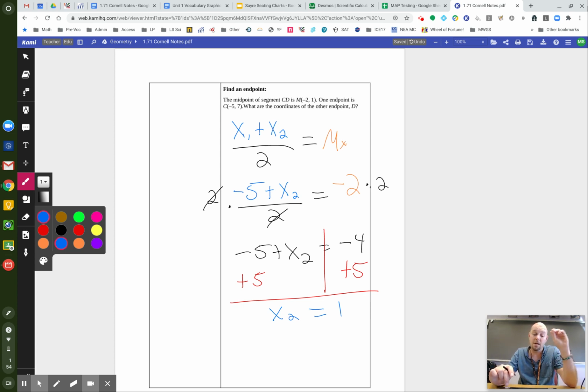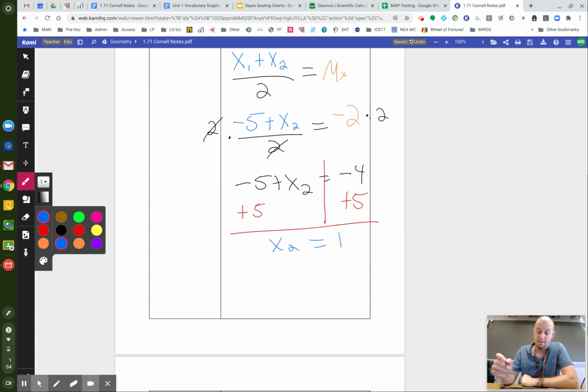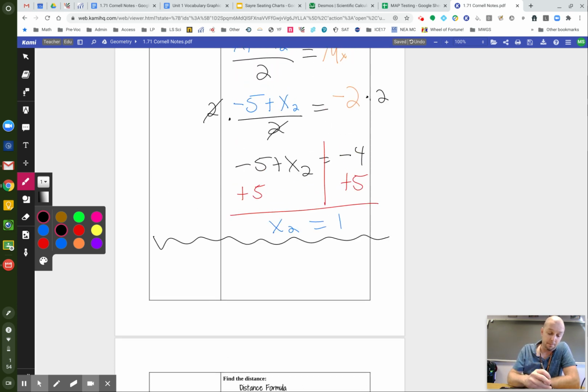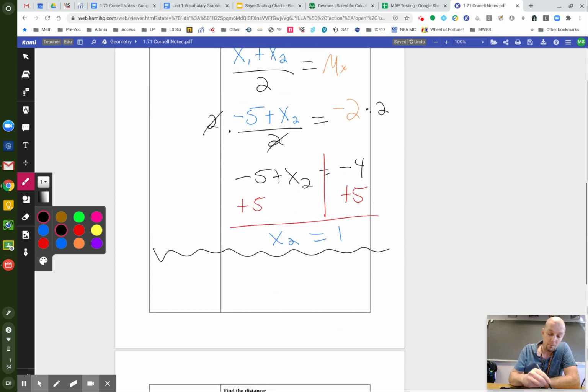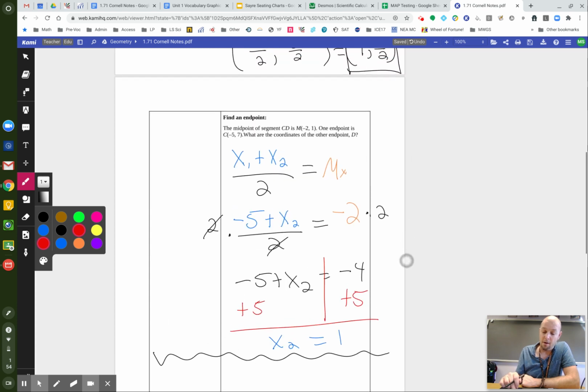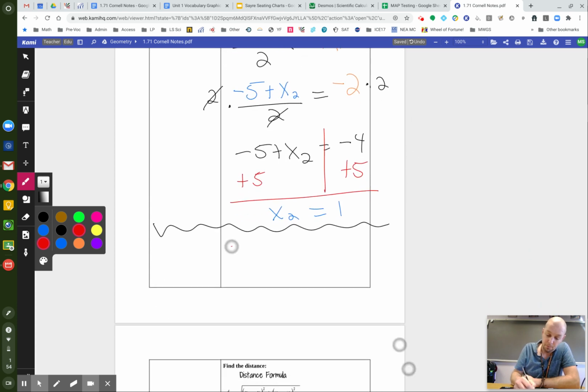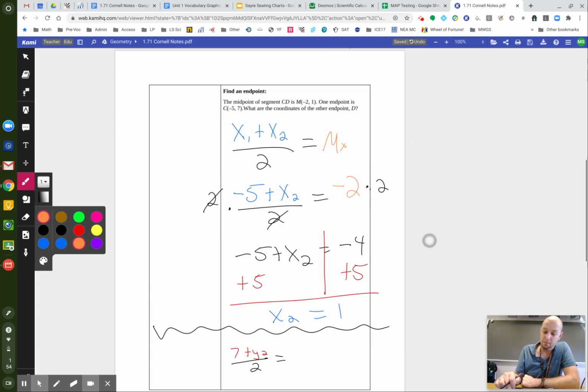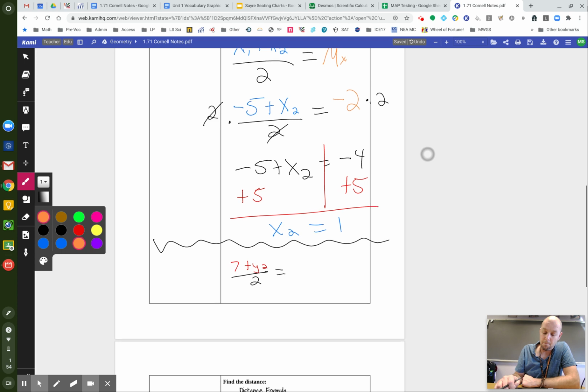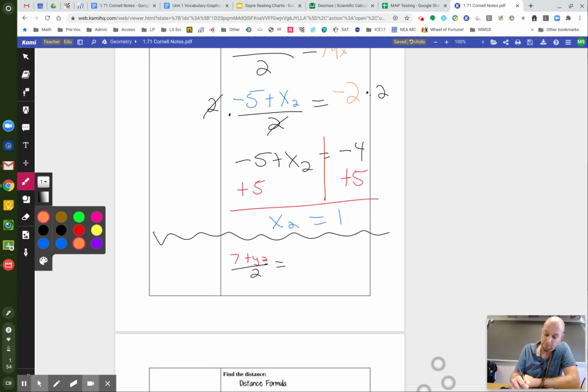So I have to do the same exact process, but for the y. All right, so I'm going to make a line here. I didn't give myself much room, so we'll figure it out. I've got my y coordinate, which is going to be 7, 7 plus y2 over 2 equals the y midpoint, which in this case is going to be 1.